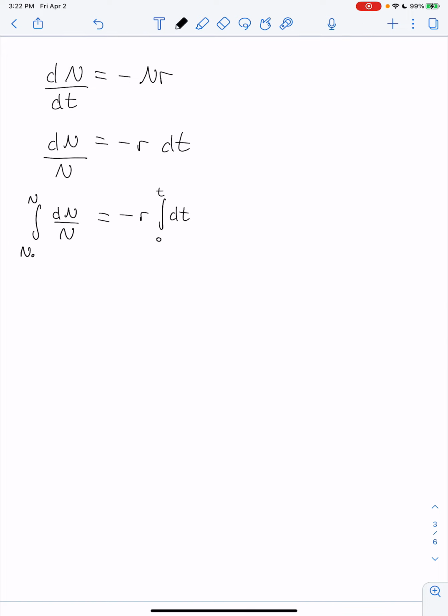Now, the integral of 1 over n is a pretty standard integral, and that's going to be equal to ln n, evaluated at n naught and n. And that's then going to be equal to negative r, and then the integral of dt is just t, evaluated at 0 and t.